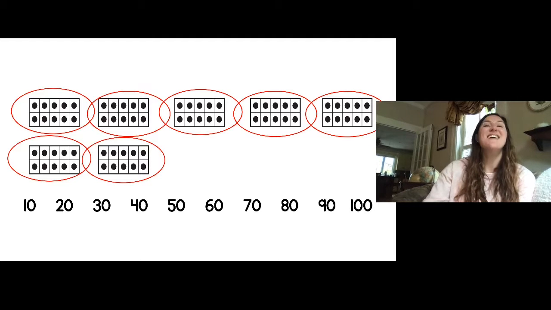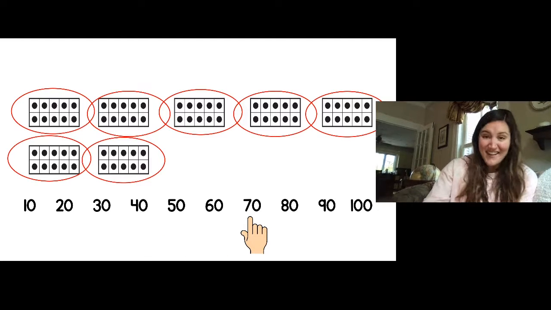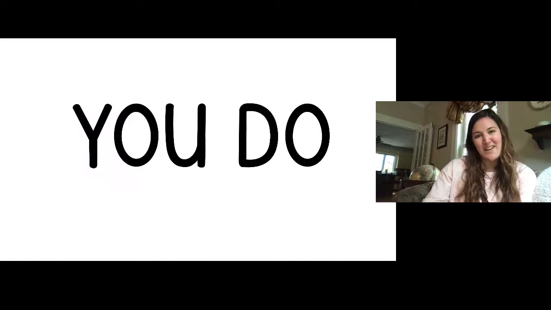How many? 70. Count by tens until we get to 70. 10, 20, 30, 40, 50, 60, 70. Stop. That's 70. Circle the 70.